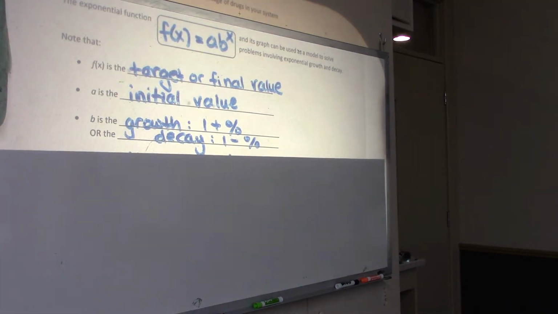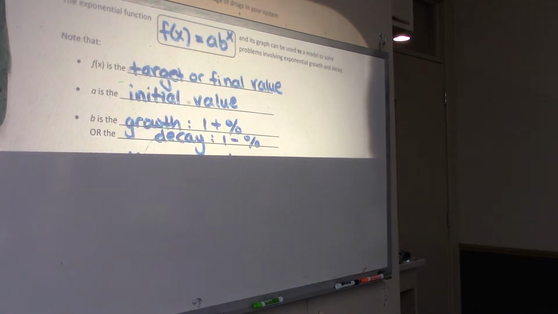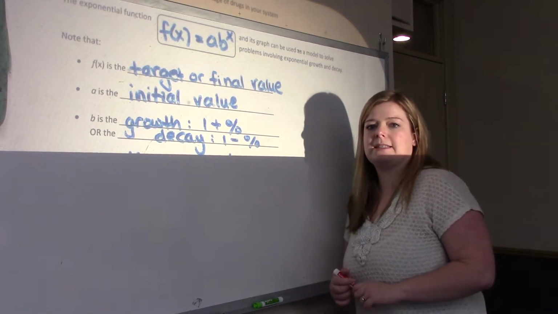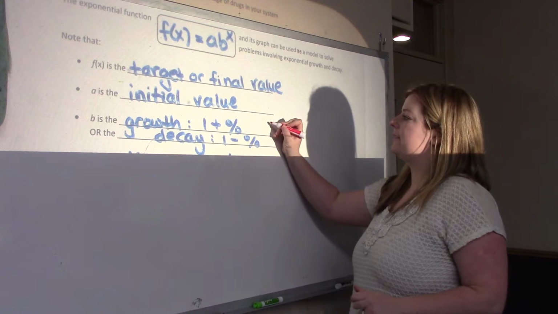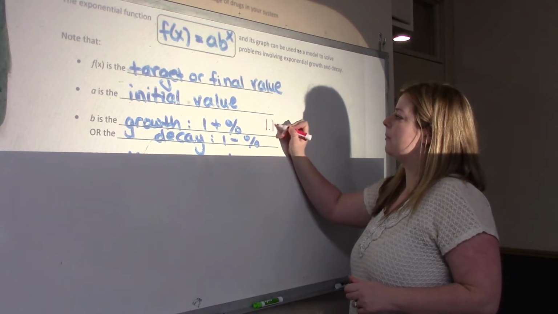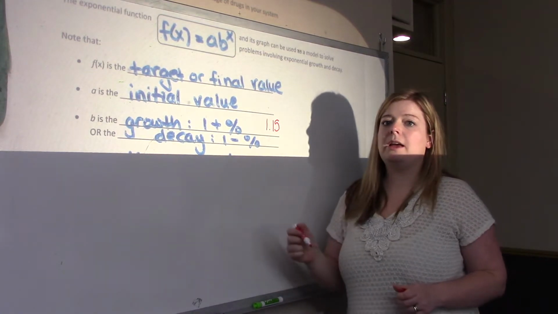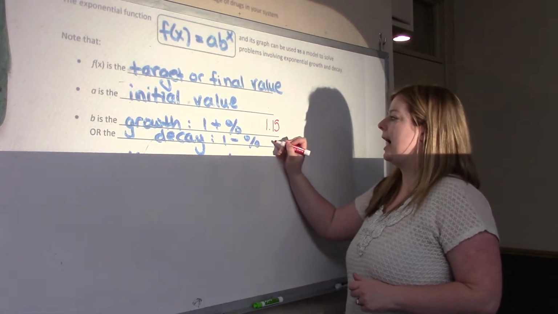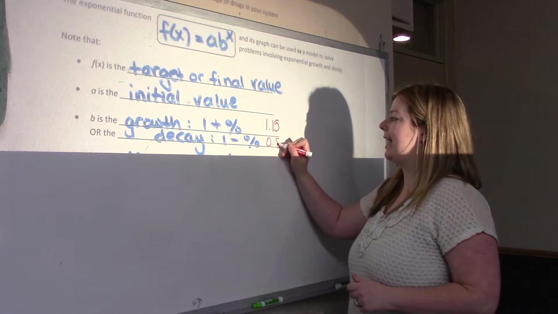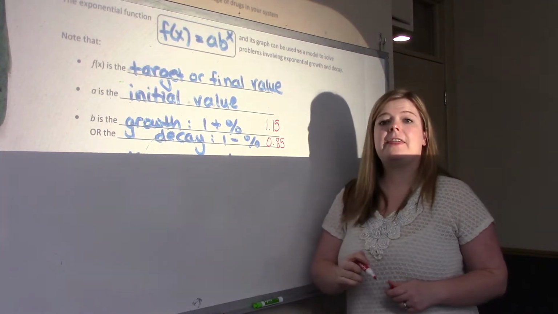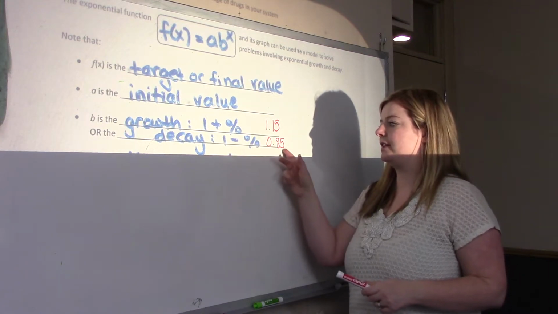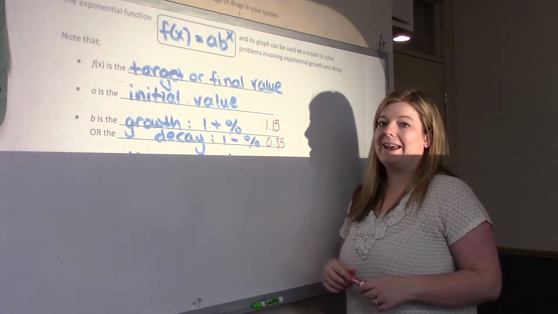B is the growth or the decay. So it's either going to be 1 plus a percent or 1 minus a percent. So for instance, if you have 1.15 as your B value, this would be a growth of 15%. If you have 0.85, that would be a decay of 15%, because that's 1 minus 15% to get to 0.85.